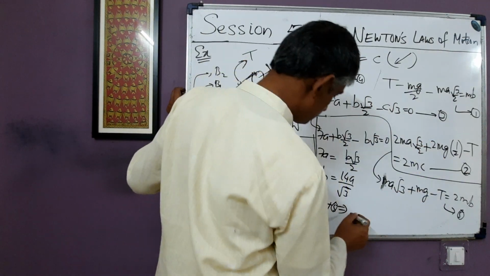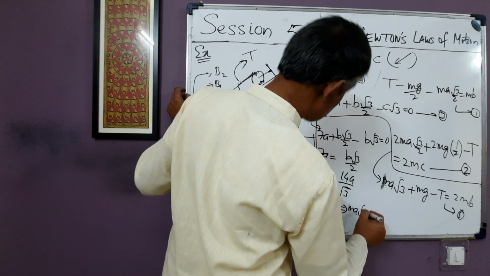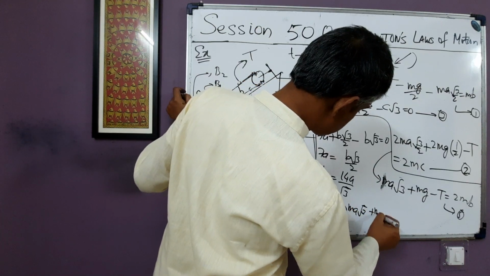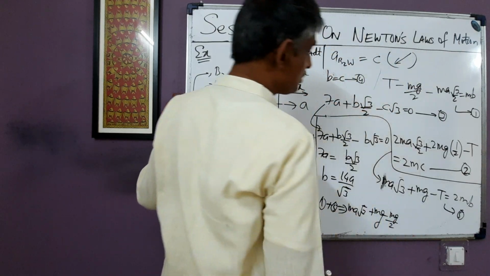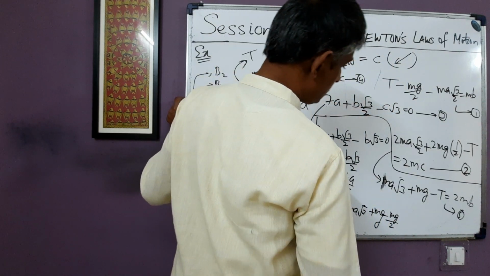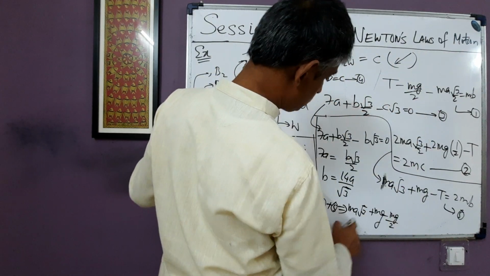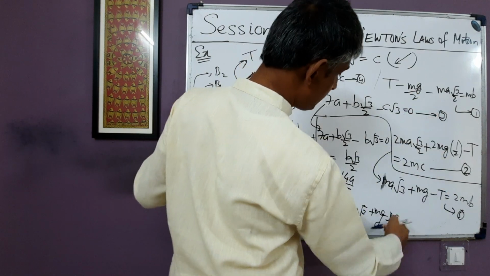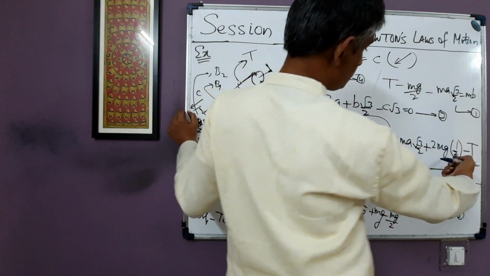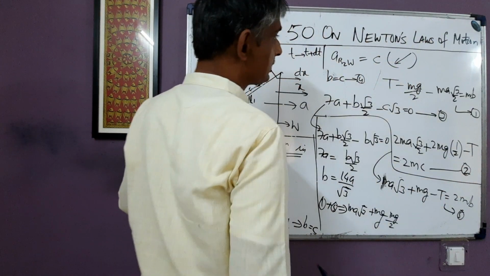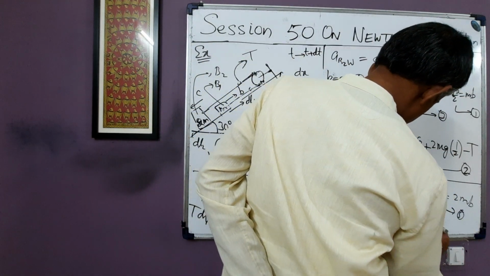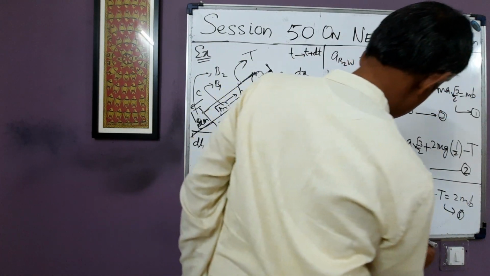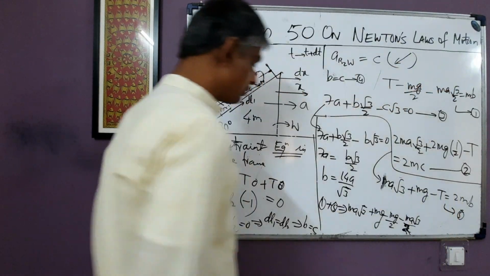Ma root 3 plus mg minus mg by 2, T goes away. And then what else? Minus ma root 3 by 2. I hope there is no calculation mistake.